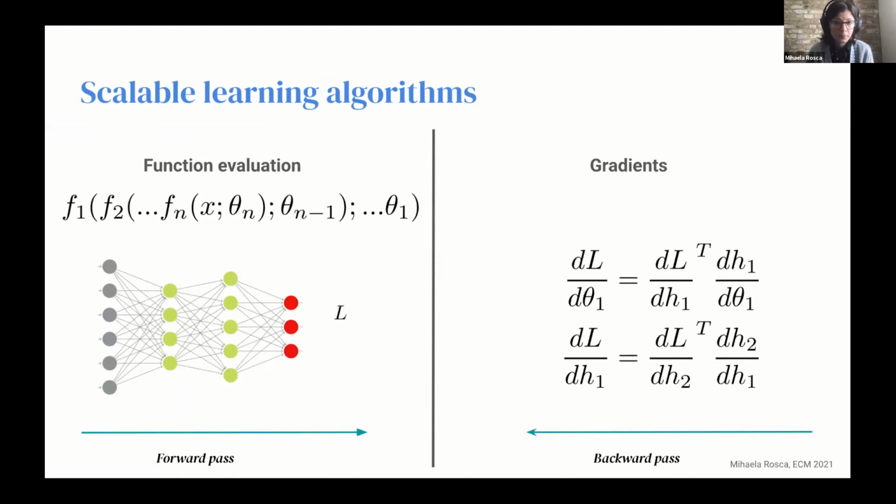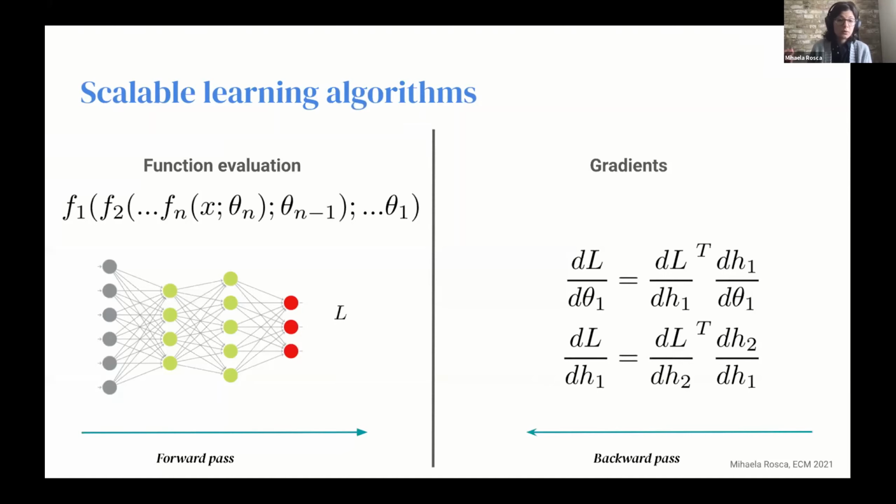Now once we have this relationship, what we're interested in next is to compute the gradient of the loss function with respect to the activations. Again, we can use the chain rule, and we see that the gradient of the loss function with respect to the activations at the first layer depends on the gradients of the loss function with respect to the activations at the second layer, and so on.